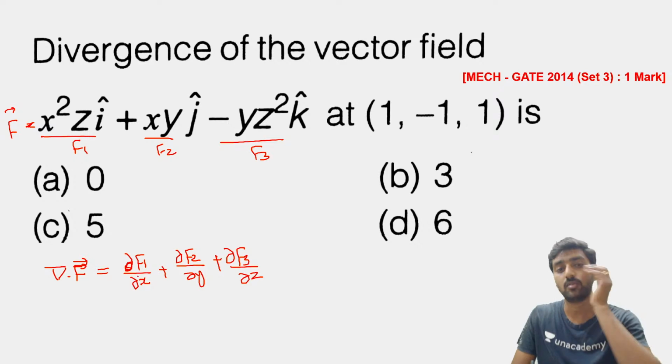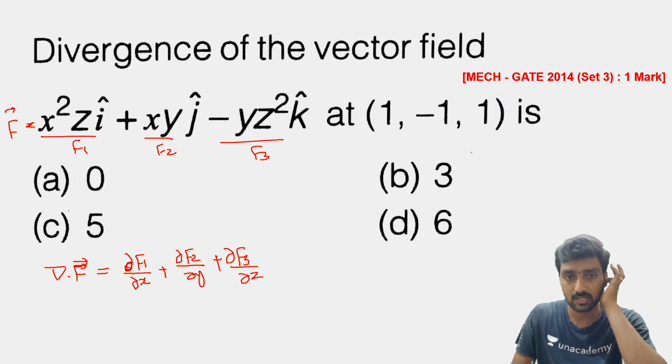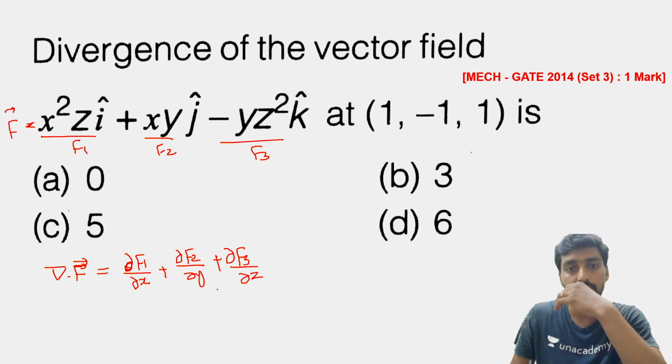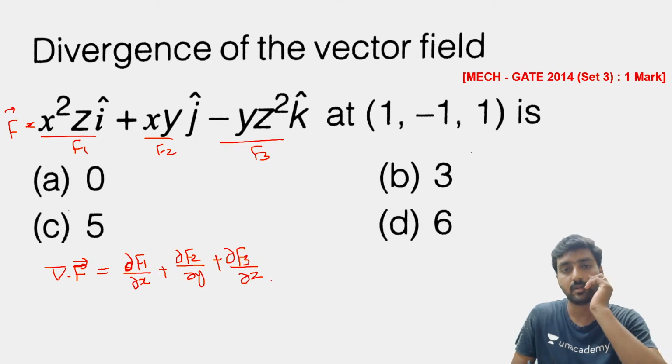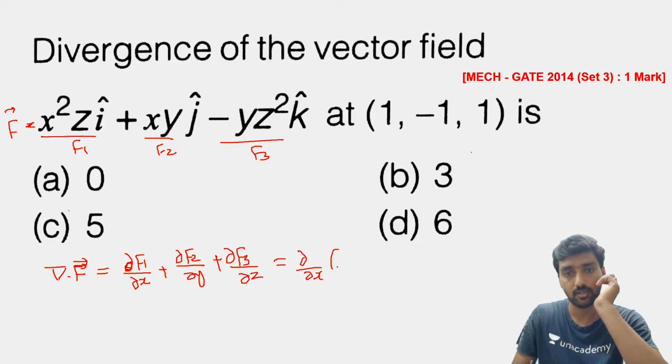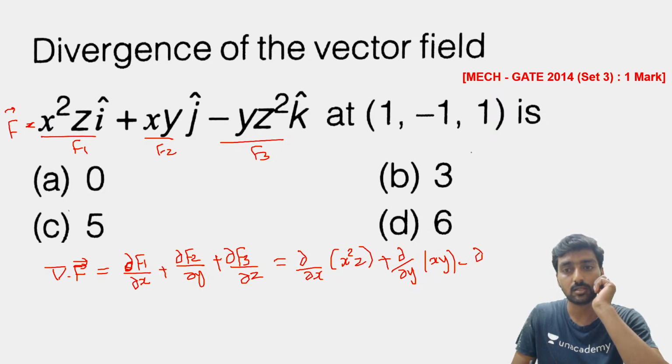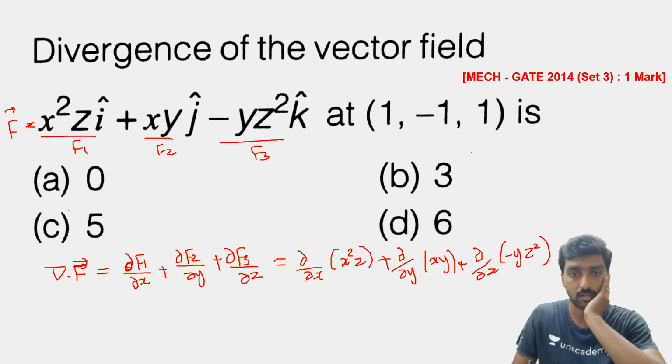Okay, listen. Dou F1 divided by dou x plus dou F2 divided by dou y plus dou F3 divided by dou z. Now, dou divided by dou x of x square z plus dou divided by dou y of xy plus dou divided by dou z of minus y z square.